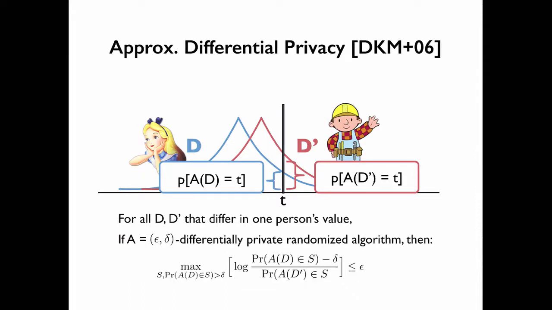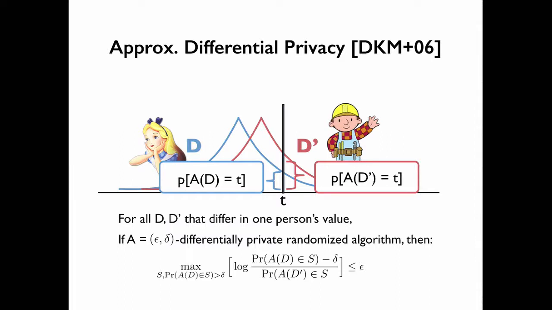There is also another slightly relaxed version called approximate differential privacy, due to Dwork et al. There the condition changes a little bit, and you have two parameters, epsilon and delta. For all data sets D and D prime that differ in a single person's value, if A is an epsilon-delta differentially private algorithm, then the following equation holds.